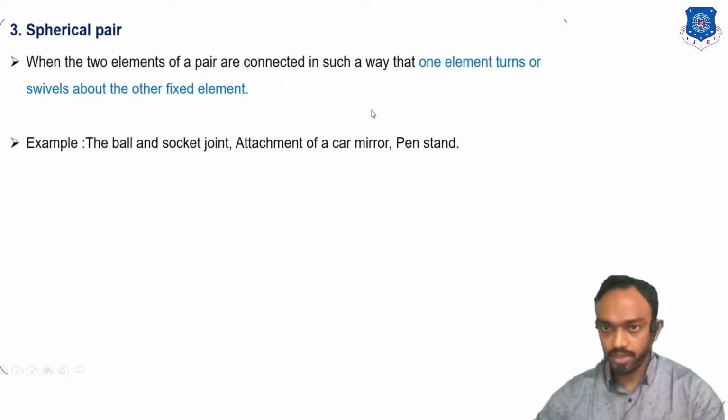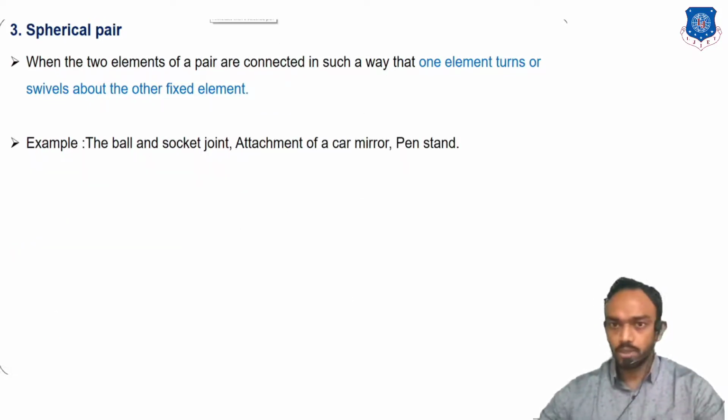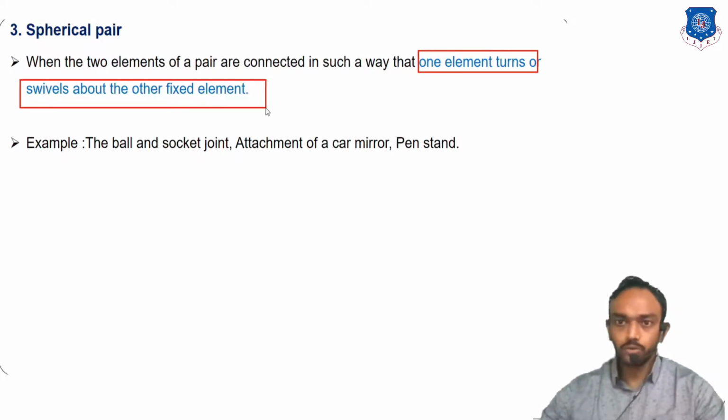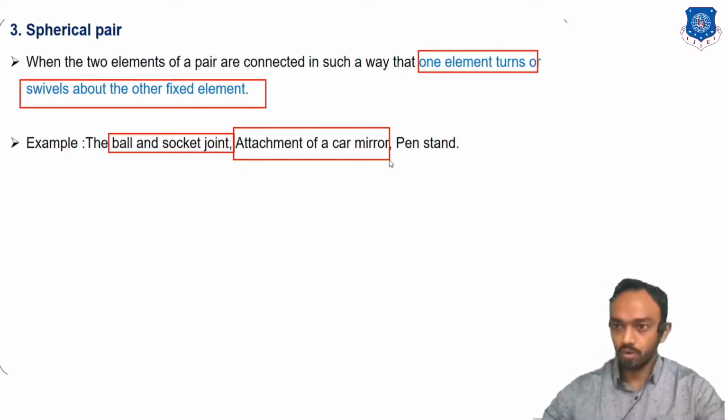Third is a spherical pair. Two elements are connected in such a way that one element can turn or swivel about the other. One element is connected in a spherical geometry and can turn or swivel with respect to the other, like a ball and socket joint, or a car mirror, or a two-wheeler bike mirror. You can turn this mirror with more degrees of freedom.